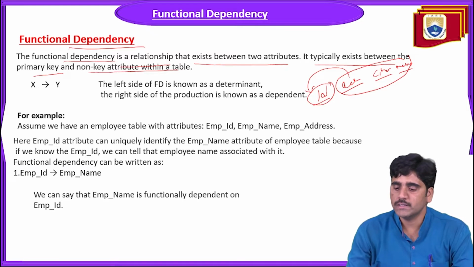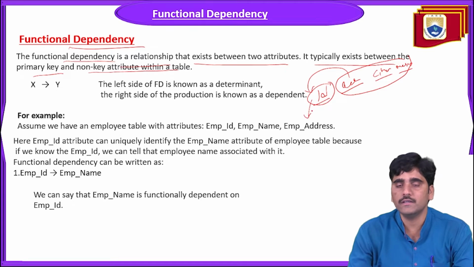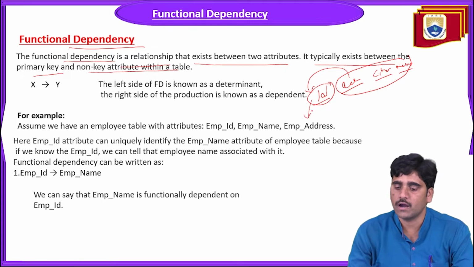From this student table, we can say that ID is the primary key attribute, and student city, student name and student marks are non-primary key attributes. These are dependent on the ID attribute.